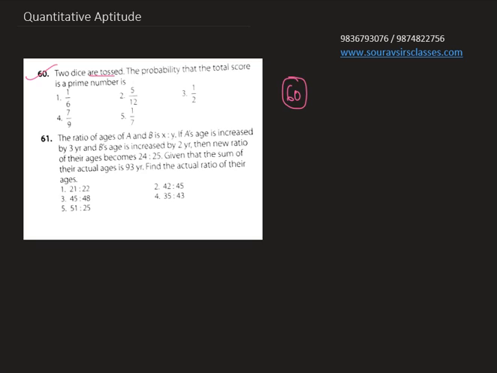Two dice are tossed. The probability that the total score is a prime number is what?